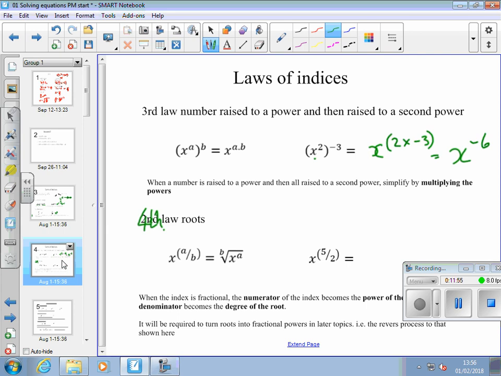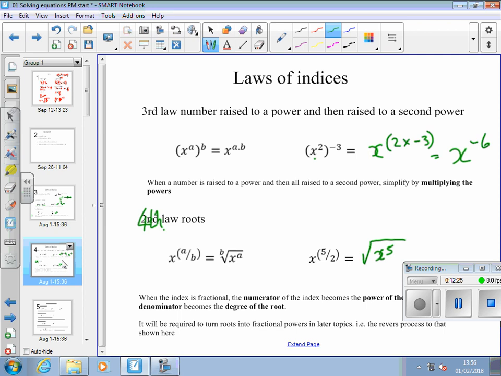So x to the 5 over 2 is equal to the square root of x to the 5. The denominator is the root, and the numerator is the power underneath.